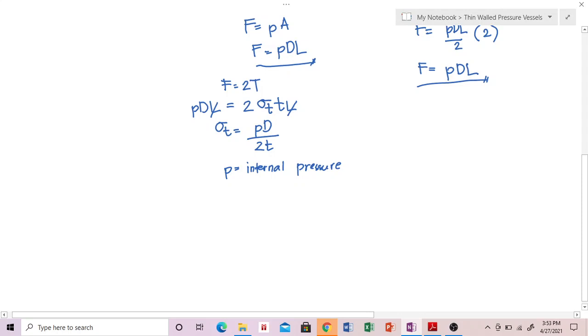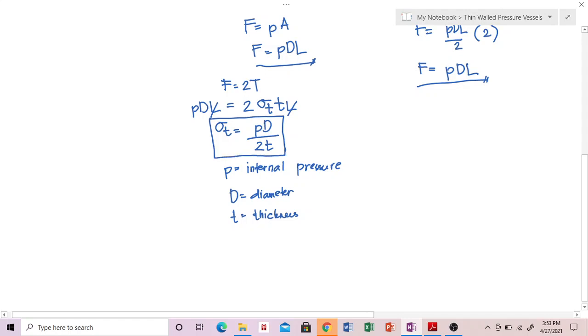So whatever the vessel, yung nasa loob niya, kung ano yung pressure sa loob, that is the internal pressure. And then, D is the diameter of the vessel. And then, T is the thickness of the vessel. Okay, so this is our final formula for the tangential stress.